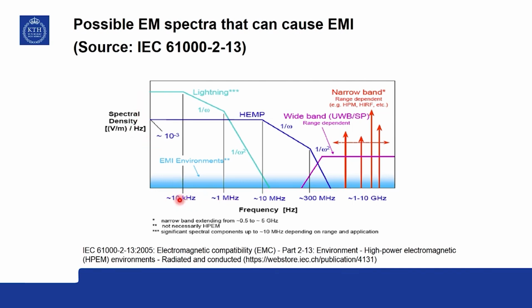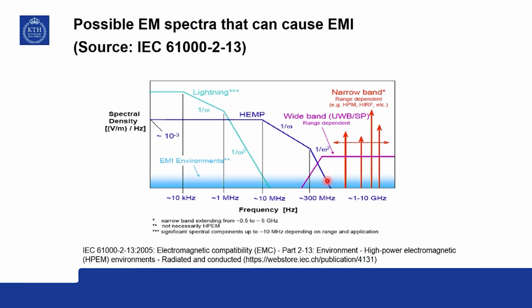So, 10 kilohertz. We are in the power line harmonics, 50 hertz harmonics are somewhere here. Then switching transients may be somewhere over here, and lightning has very high energy at low frequencies, so it is over here. High power electromagnetic pulse from nuclear explosions has a much wider bandwidth, up to 300-400 megahertz.